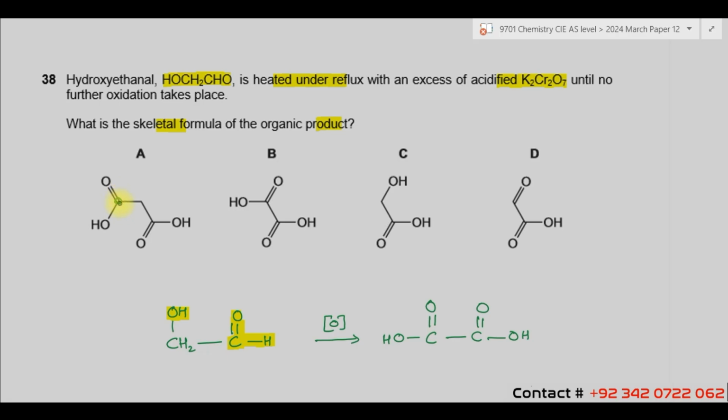In A we have 3 carbons, so it is wrong. In B we have 2 carbons and carboxylic acids, so this is correct. In C we have 2 carbons, one side is still alcohol, so incorrect. In D we have aldehyde on one side, which is also wrong. So correct answer is B.